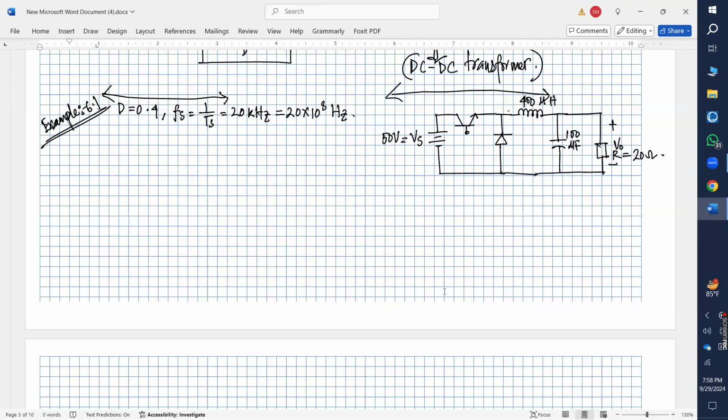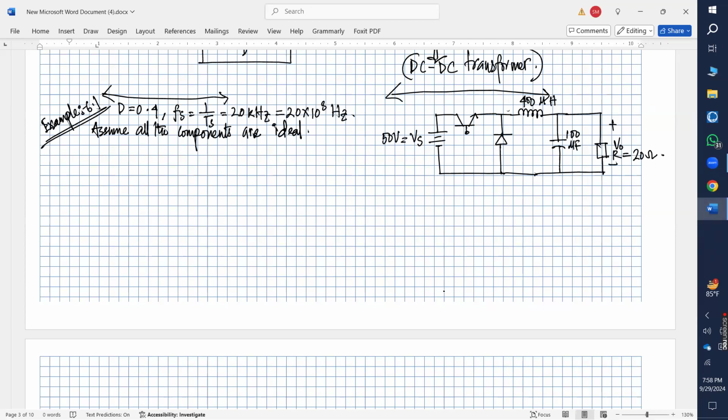Now, they said assume all the components are ideal, meaning your switch is ideal, your diode is ideal, your inductor and capacitor, all of them are ideal.